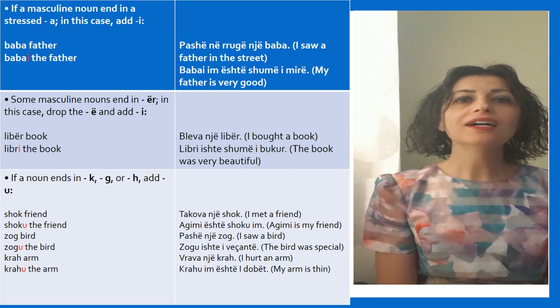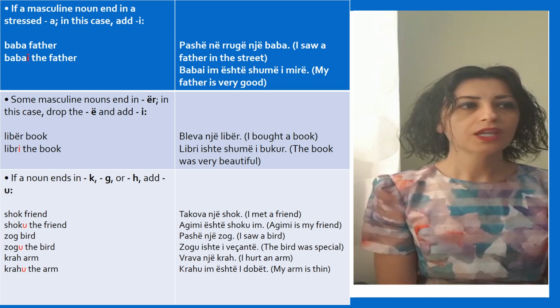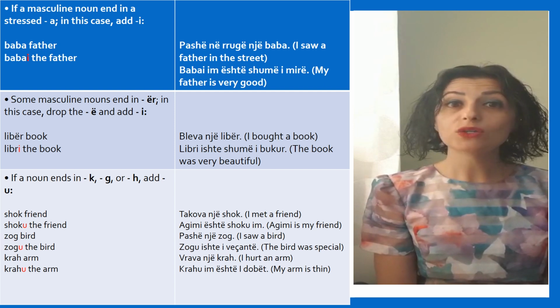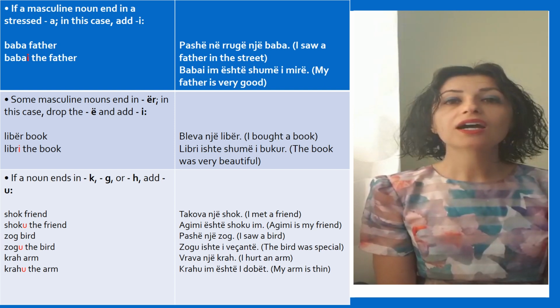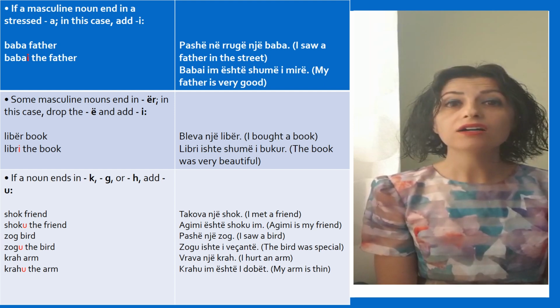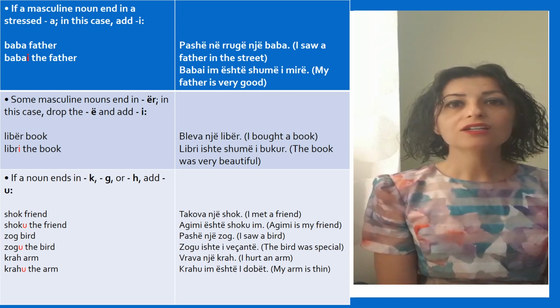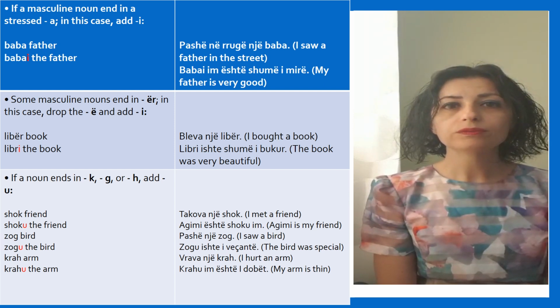Now let's see the other rule. If a masculine noun ends with k or with g or with h, in this case, to form the definite form, you have to add u.